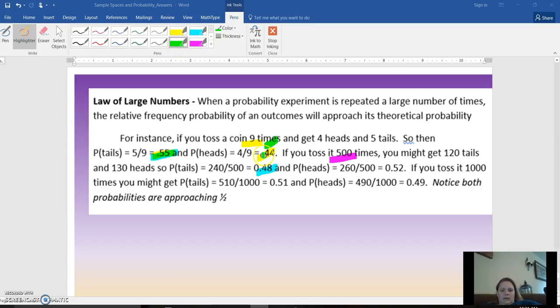Versus 44, 52. Then maybe we do it 1,000 times. And this time we get, instead of 55 and 44, we get 0.51. Now that's closer to 50. And then for the heads, we got 0.44, 0.52.